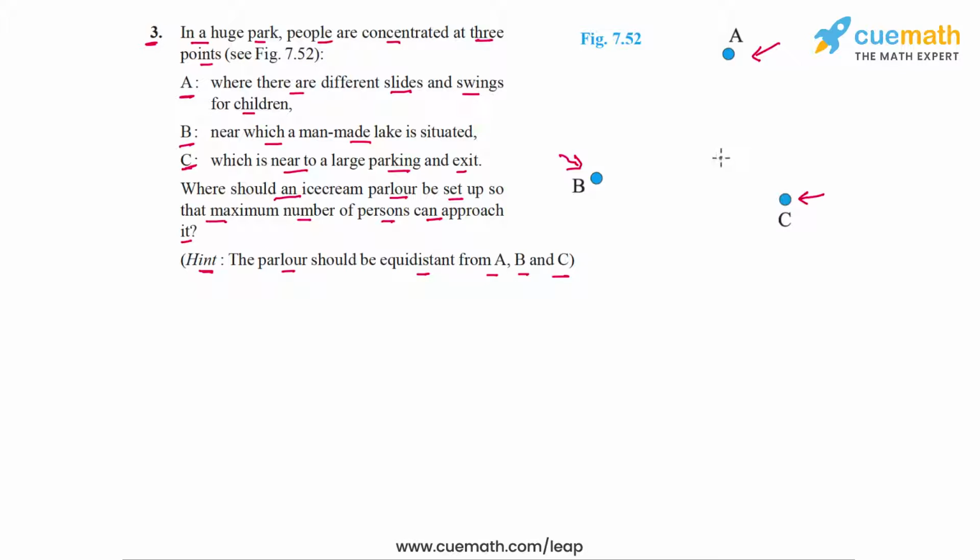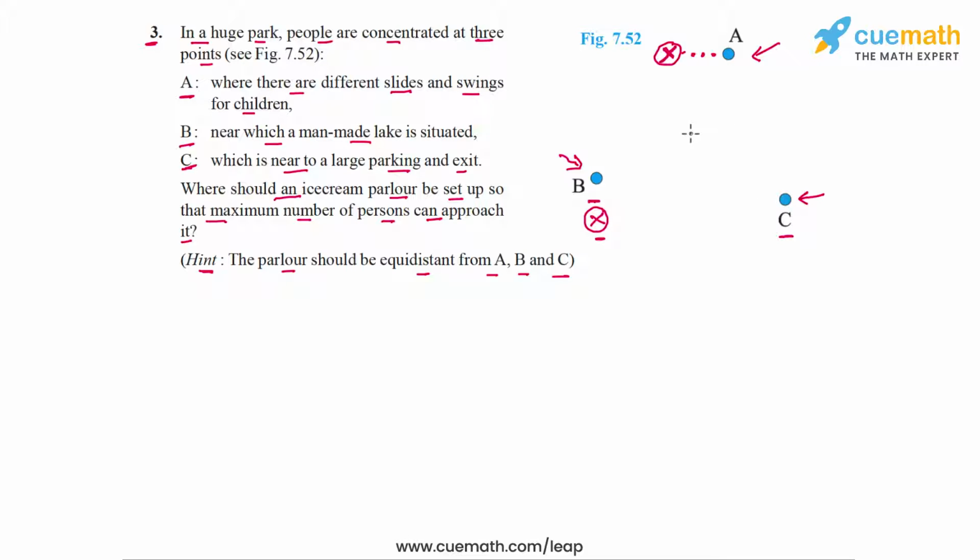Why? Because if we have the parlor much nearer to one point than the other 2 points, let's say if we put the parlor somewhere here, which is very close to A but quite far off from B and C, then people located at the points B and C will find it difficult to walk up to this point, right? Similarly, if you put the parlor here very near to B, then people from A and C will find it difficult to come here, and so on.